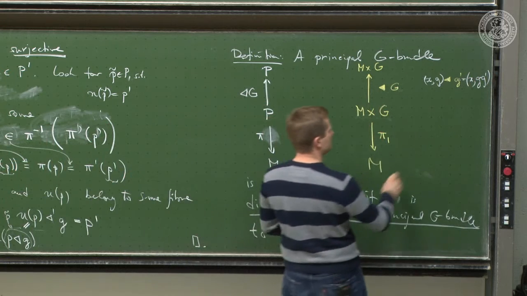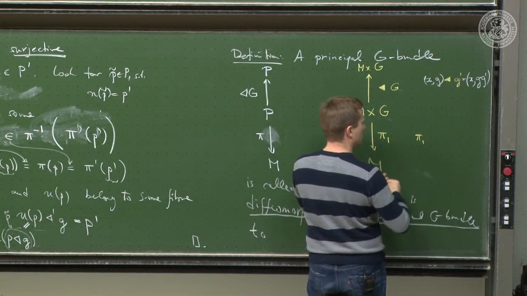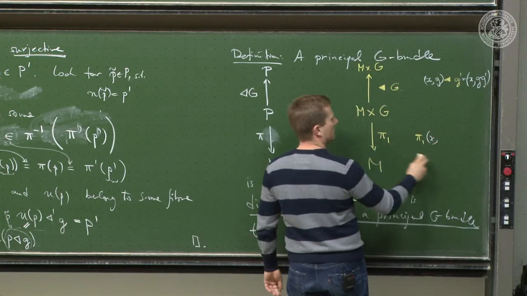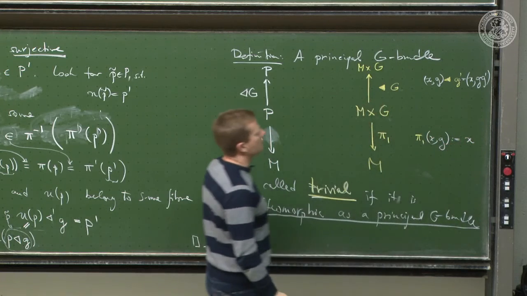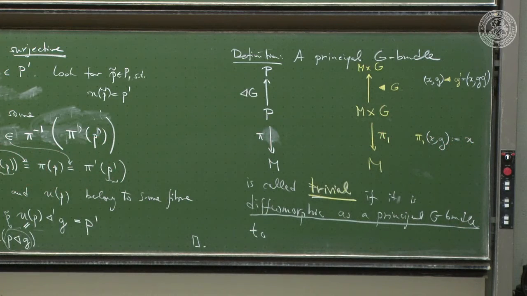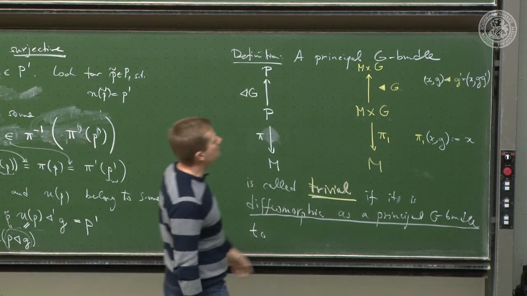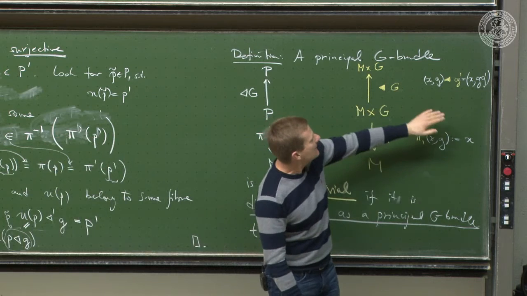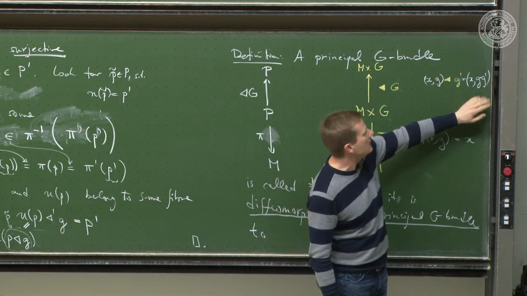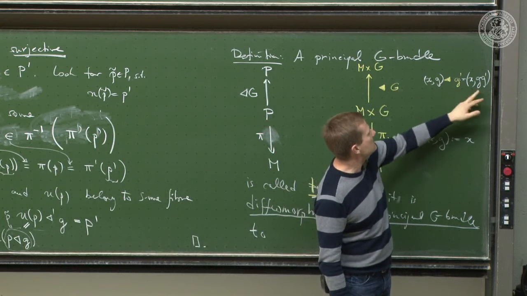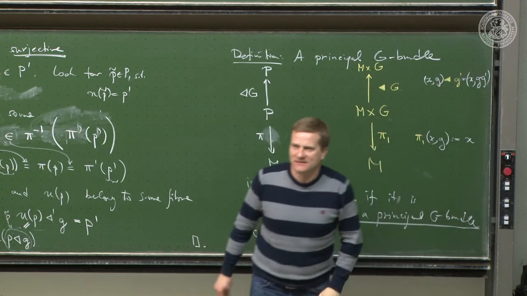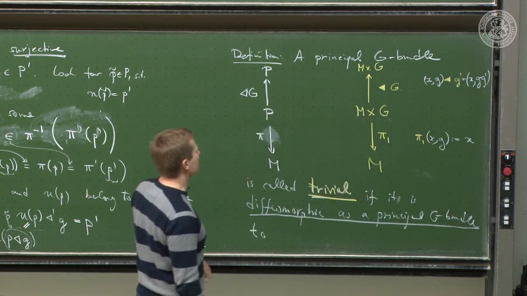And here the pi 1, for completeness, pi 1 eating an element of the Cartesian product is just defined to project to the first component. So that's how the bundle is defined. You can check this is a principal G bundle. It's a free right action because in the group you always have the inverse, the unique one. It's free. Okay, fine. So you check this immediately.